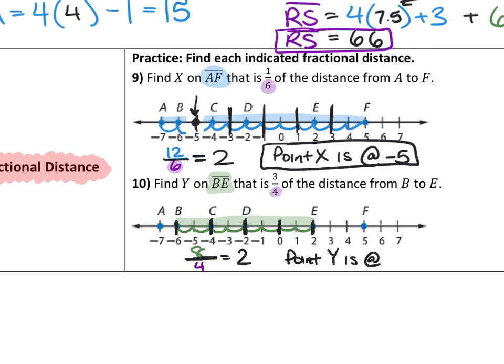So we have to create these additional partitions for the length of the segment and then count up those number of jumps. It's a weird thing to partition it, but if you think of it like old school fractions when you broke things into blocks and folded papers into thirds or fourths, that's kind of what we're doing. We are partitioning the line segment or the line.